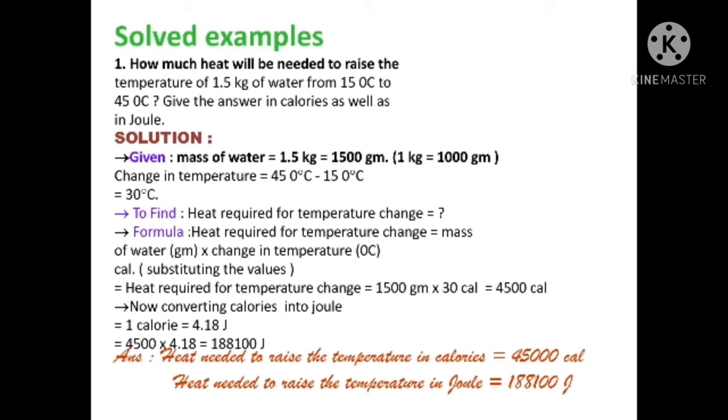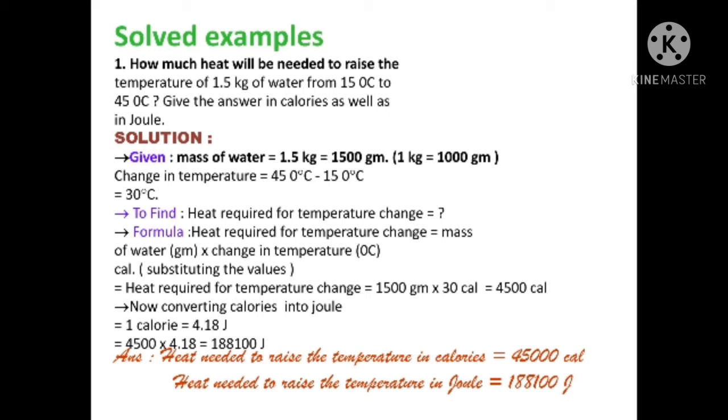Let's recall it. Heat required for temperature change is equal to mass of water, which is in grams, multiplied by change in temperature. Now we will substitute the value. Mass of water is given as 1500 multiplied by change in temperature, 30 degrees.